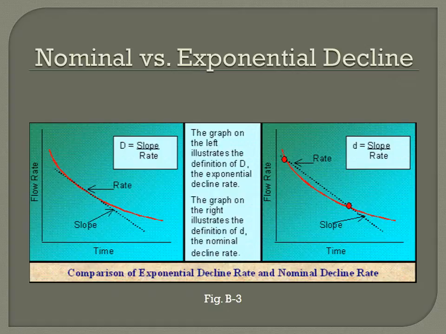In the other case, it is the preceding rate, denoted by q subscript 1. The difference between lowercase d and uppercase D is usually very small and is often within the proper accuracy of the data. So even if misapplied, the error is not substantial between nominal decline and exponential decline.